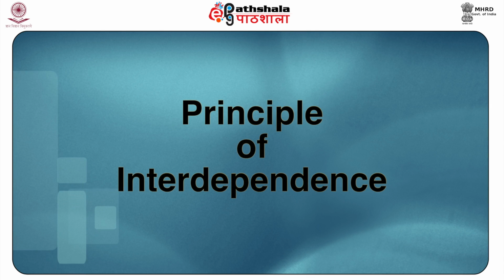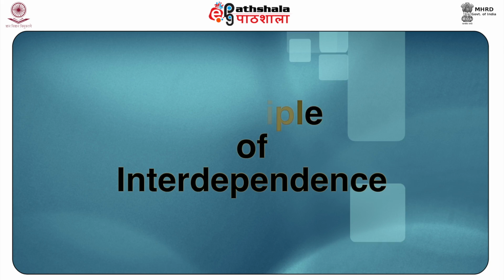Number 1 is the principle of interdependence. The principle of interdependence asserts that the different parts of an ecosystem are interconnected and that changes in any one part of the system will have a major effect that will impact the other parts of the system.